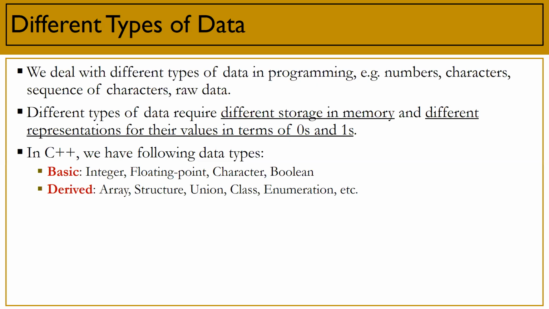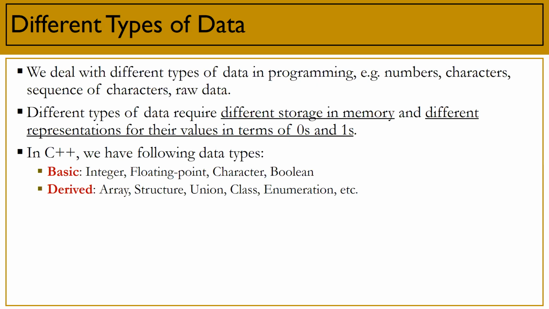In programming, we deal with different types of data. The data could be numbers, characters, sequences of characters, which are also known as strings, and the data may come as binary data, raw data. These different types of data require different storage in memory, and they need different representations for their values in terms of zeros and ones.